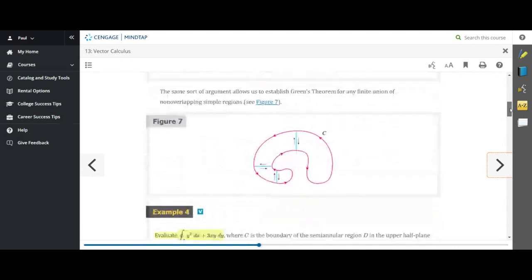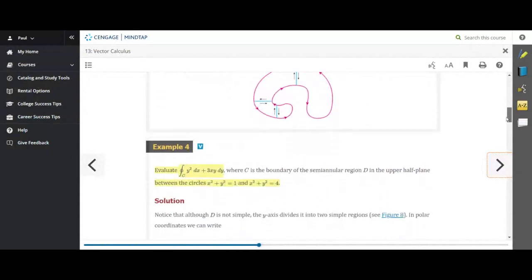Like you see there in figure 7, it's the union of non-overlapping simple regions. I'm talking about this because I want you to be prepared in a future course.